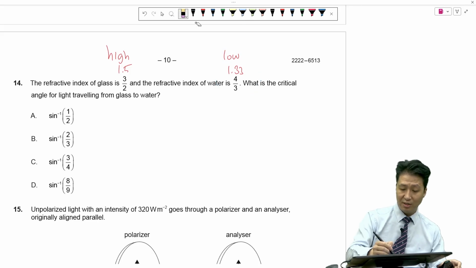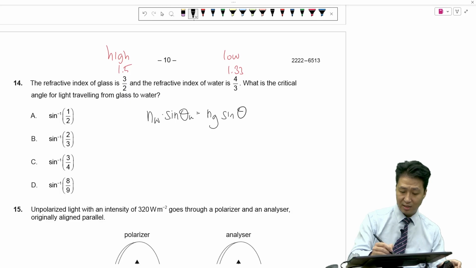And we're going to use Snell's law. Index of refraction of water times sine of the angle incident on the interface of the water equals index of refraction of the glass times sine of the angle incident to the normal, or glass here. So you start in the glass, so this is going to be the critical angle.